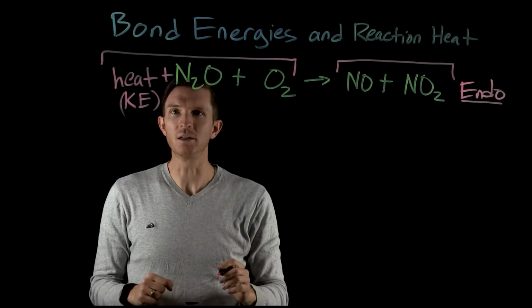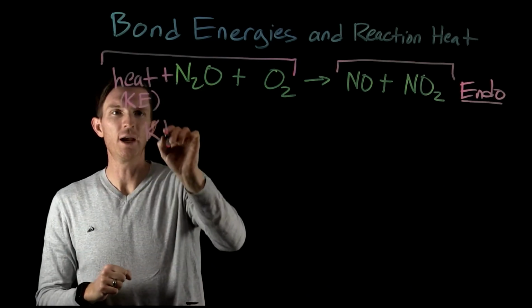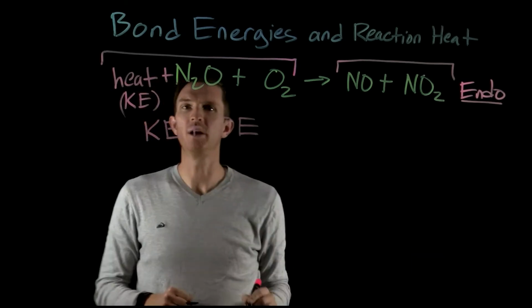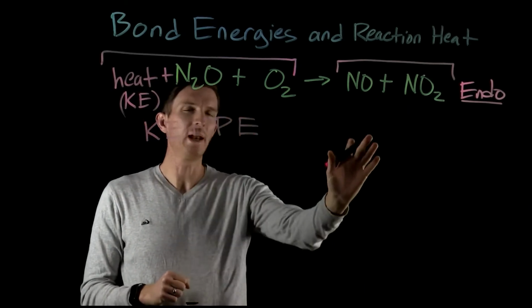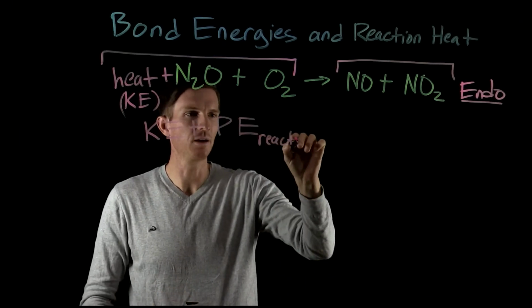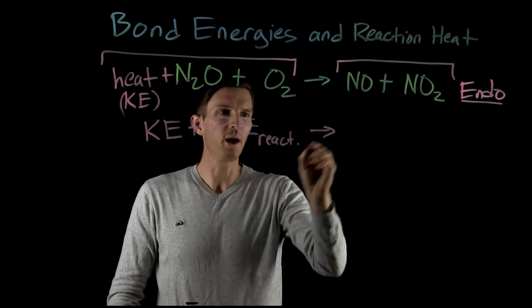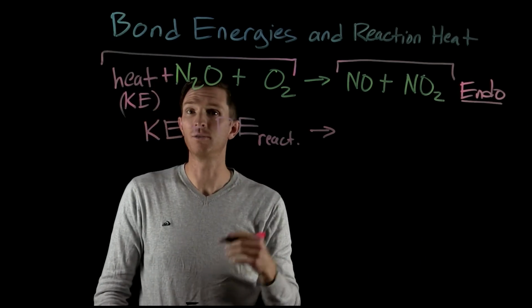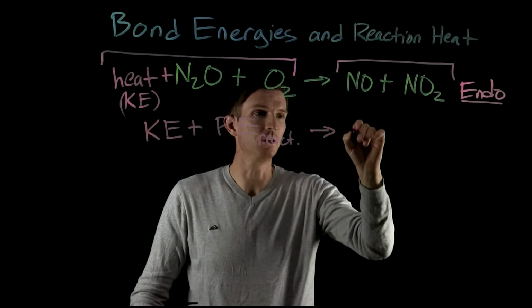Well, as reactants, our total energy has this kinetic energy and potential energy expressed in our reaction. Then as we go to products, that kinetic energy is transformed into potential energy.